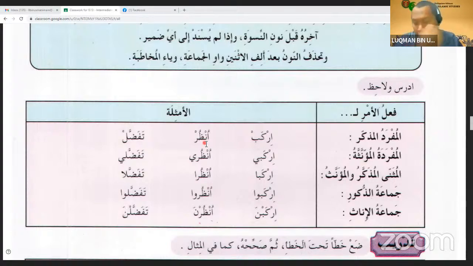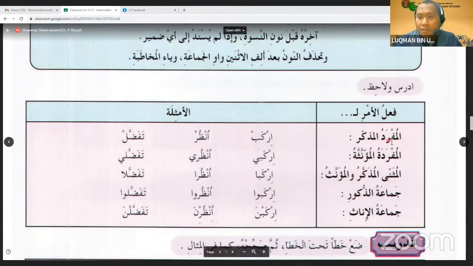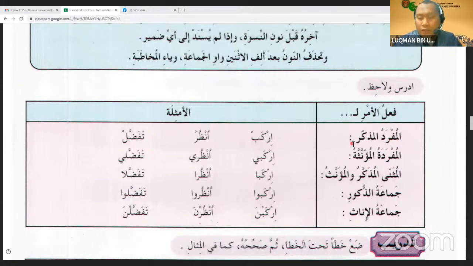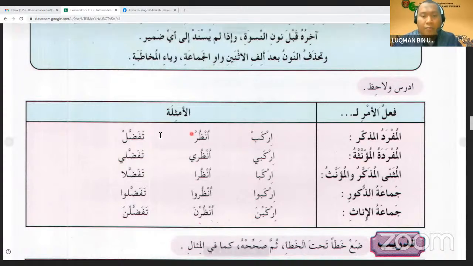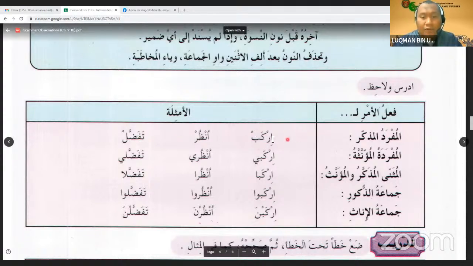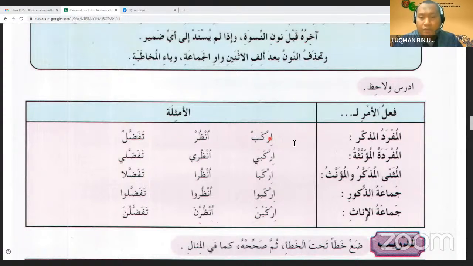Inutusan mo isang tao, nakausap mo. Tafaddal, get this, come here, get inside. So here, if it is singular masculine, it ends with dhamma. Or rather, the default is sukun. Sorry, the default is sukun. You can see here, this is the default form of the imperative tense.